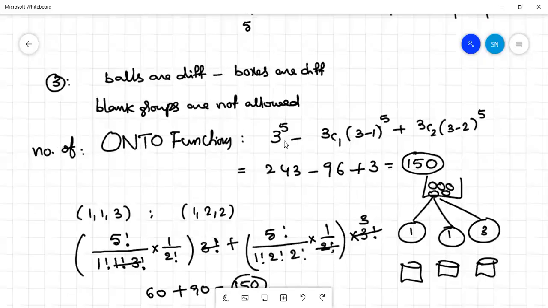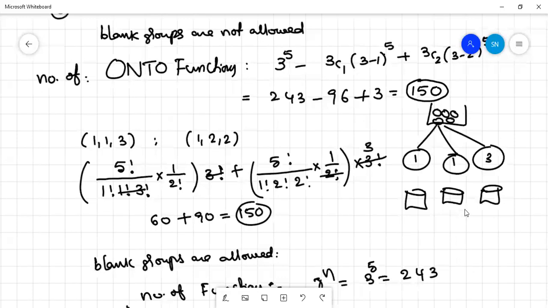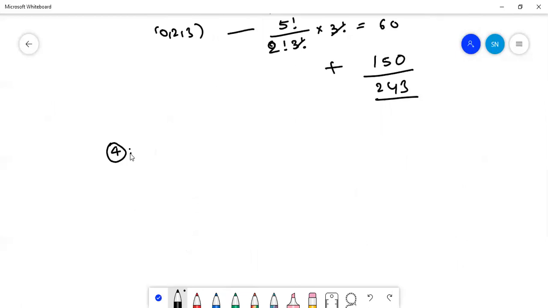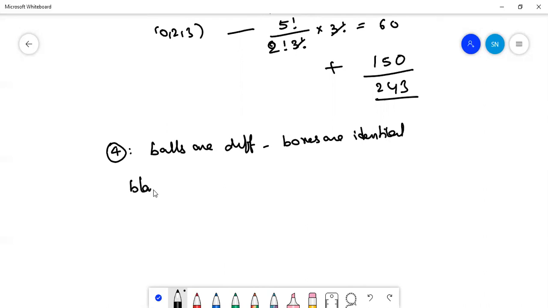Coming to the fourth case: boxes are identical, balls are different. Blank groups are not allowed.